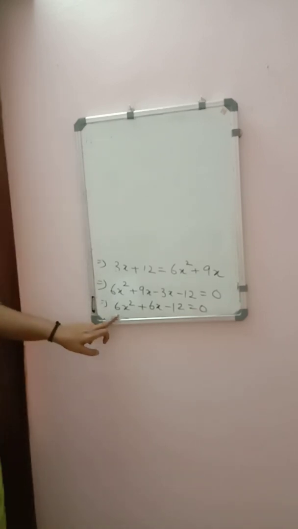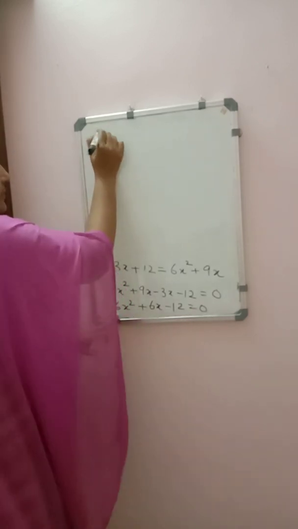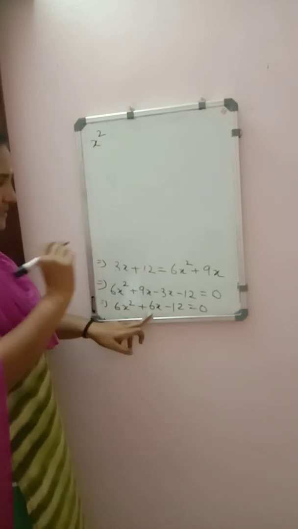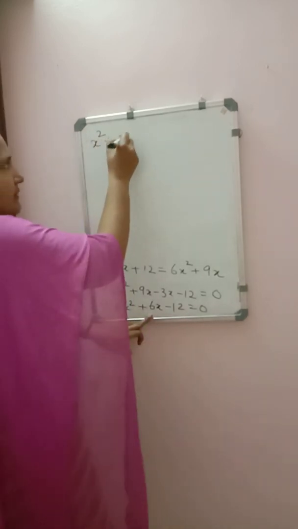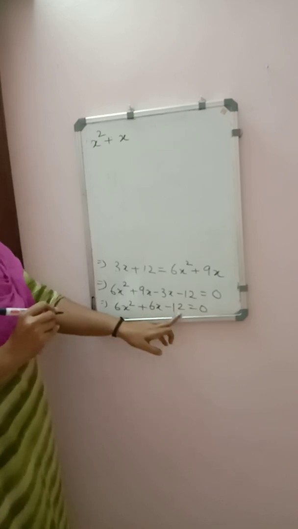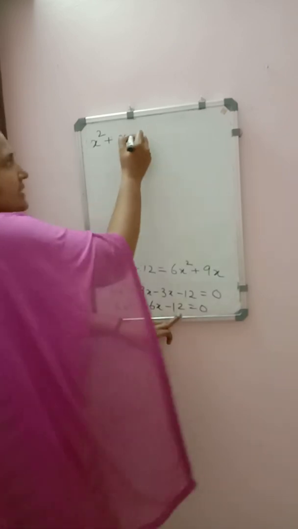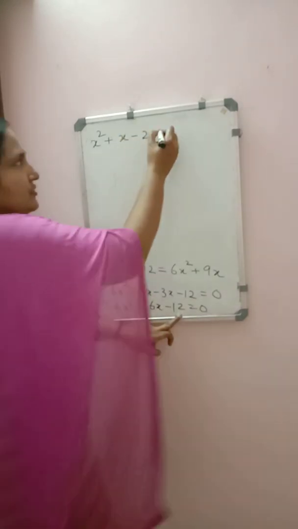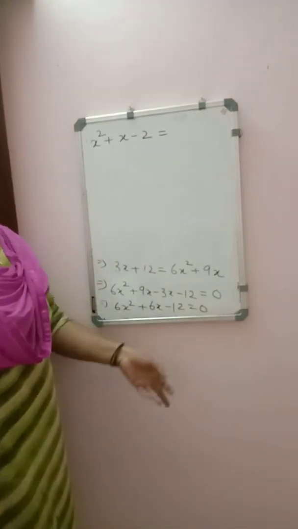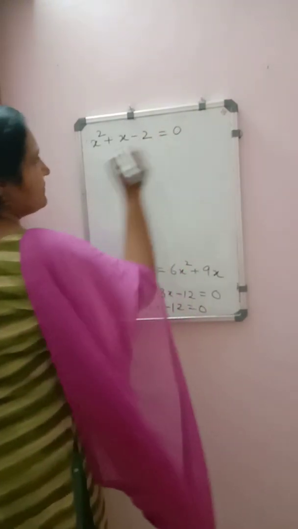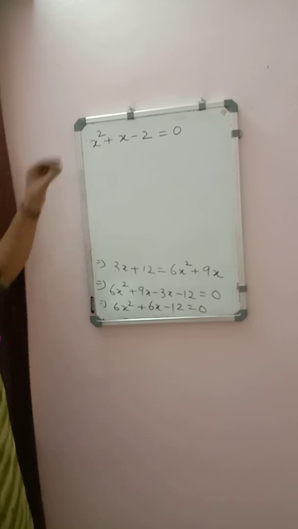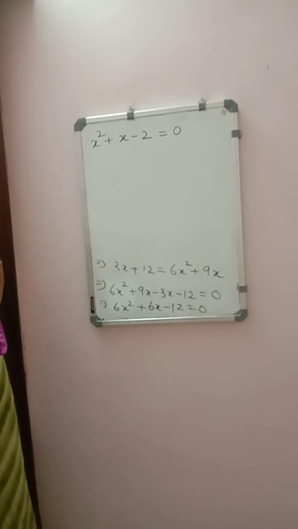So the first one divided by 6 will be equal to x square. 6 divided by 6 will be equal to plus x. Then minus 12 divided by 6 will be equal to minus 2, equals 0 by 6 is equal to 0. So our equation became shorter there.